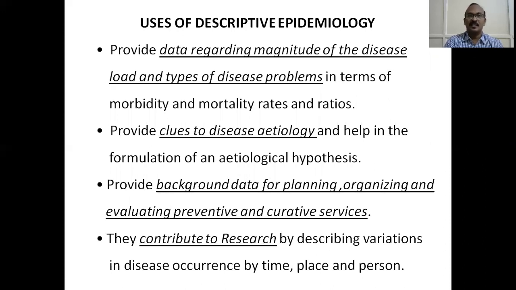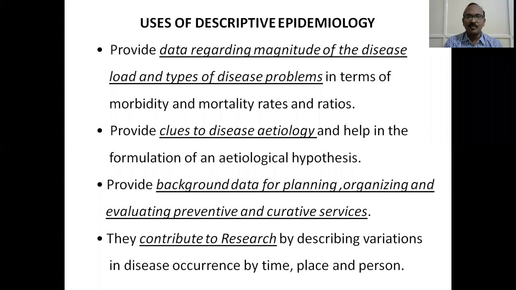So what is the agent responsible for the causation of disease is provided by descriptive epidemiology, and it also helps in the formation of etiological hypothesis. The statement which reflects the cause, the effect, the population, the time response, the disease, and the dose response are all indicated in this etiological hypothesis, which is provided by descriptive epidemiology.